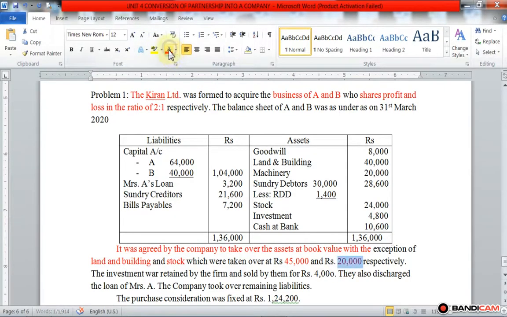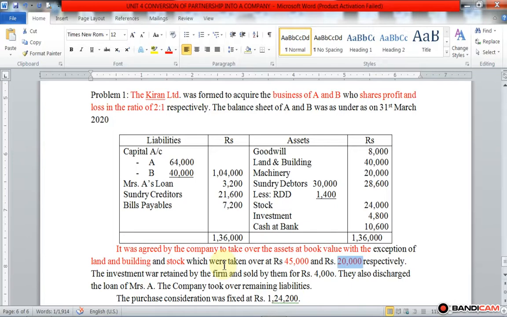So here the agreed values of two assets are given and all remaining assets are taken over at book value. Kiran company has agreed to take over all assets of the partnership firm at book value except land and building and stock, which were taken over for rupees 45,000 and 20,000 respectively.